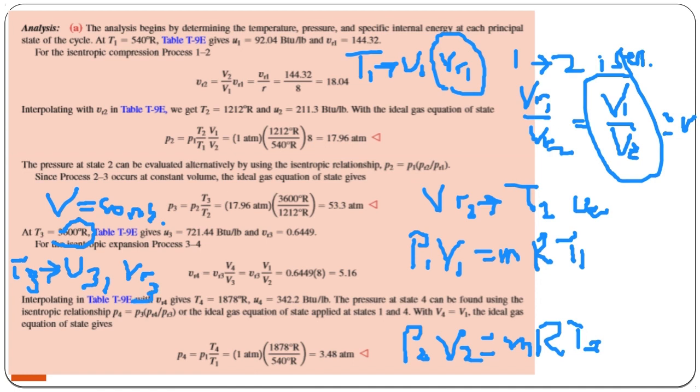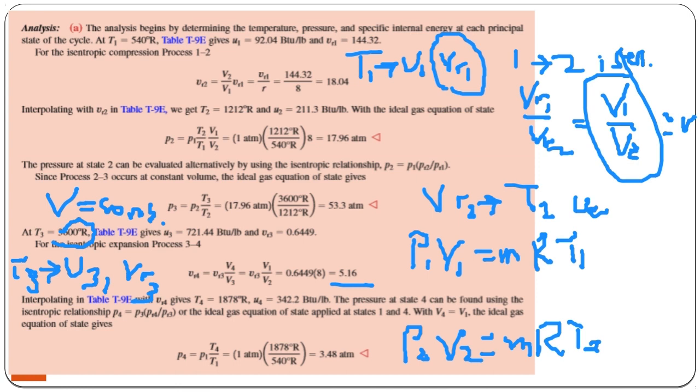And for the same reason as in the first isentropic process, the expansion is also an isentropic process, so the ratio of the relative volumes is equal to the ratio of the actual volumes. This will give you VR4.